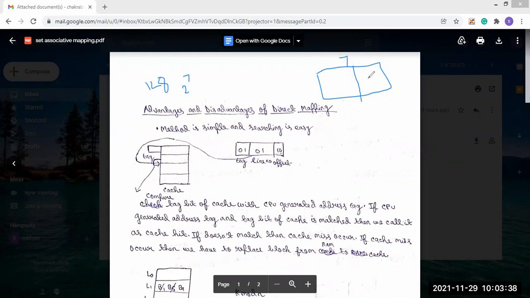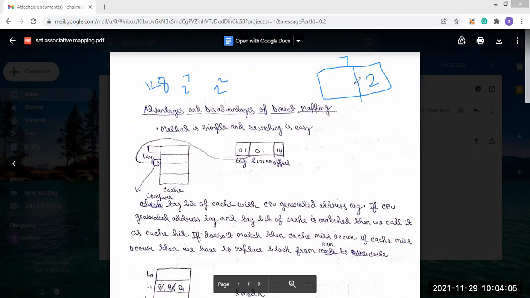To represent 4 bytes, how many bits are required? 4 is 2 to the power 2, so 2 bits are required. So to represent the block size, we require 2 bits, which form the block offset.